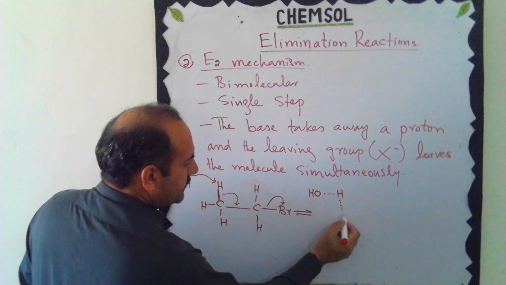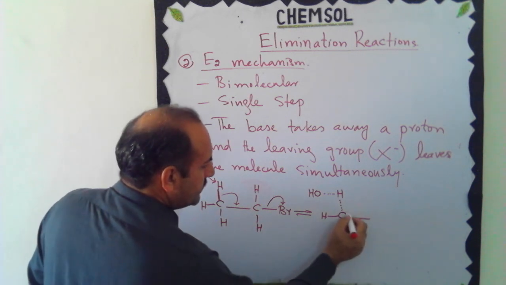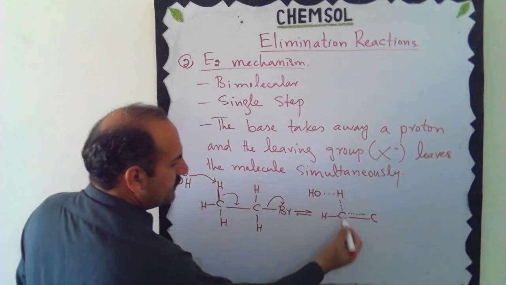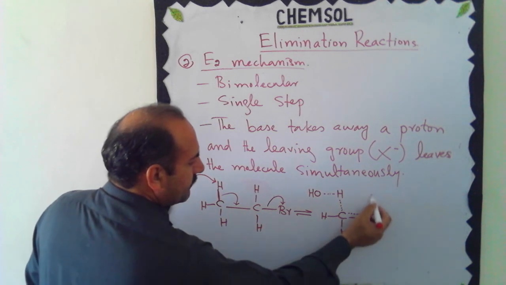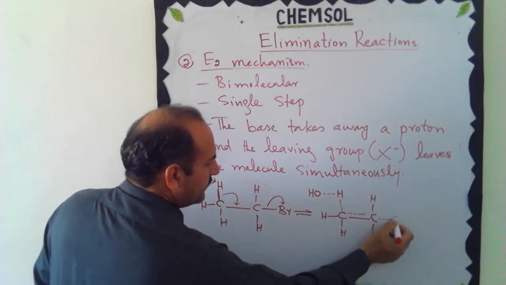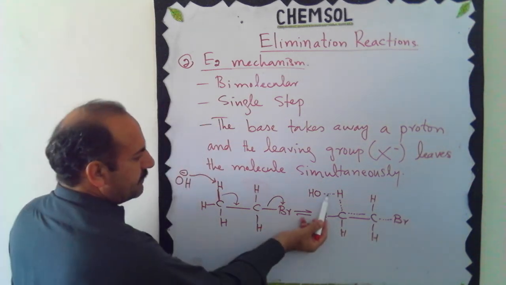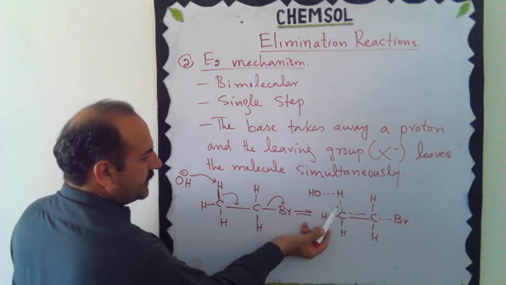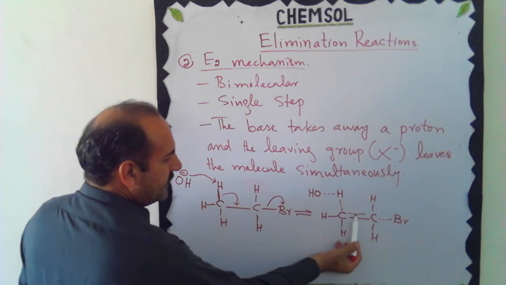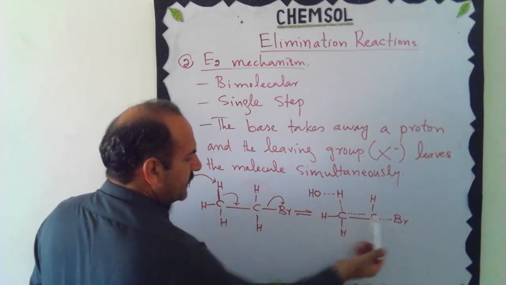There is 50% breakage of CH bond. There is the formation of a double bond or pi bond, that is 50% between carbon-carbon. Similarly, there is breakage of C and Br bond. This bond is in the process of formation. This bond is in the process of breaking. This is at the stage of formation and this is at the stage of breaking.